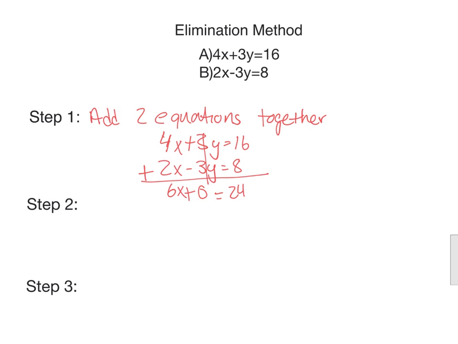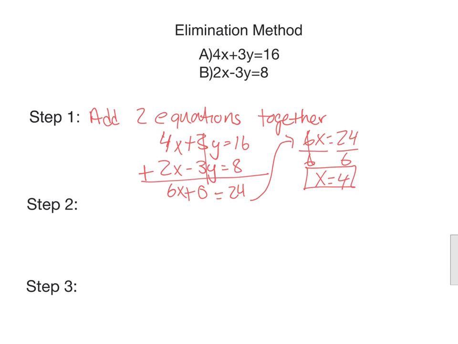And then I ran out of room, so I'm just going to move this over here. I'm left with 6x equals 24. Okay. So if I want to get x by itself, what do I have to do? Divide by 6. And x equals? 4. X equals 4. Okay.